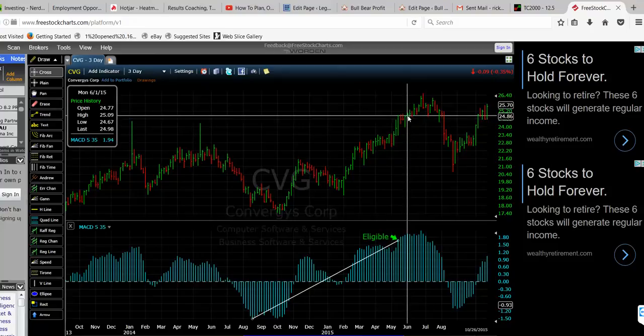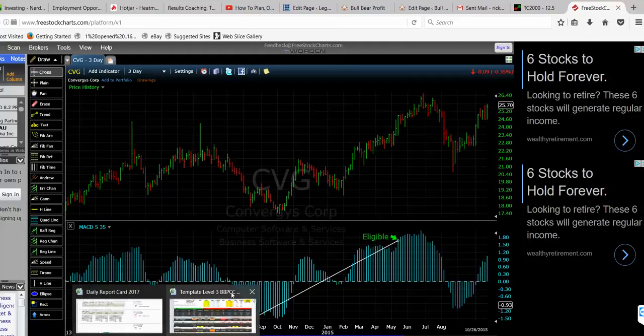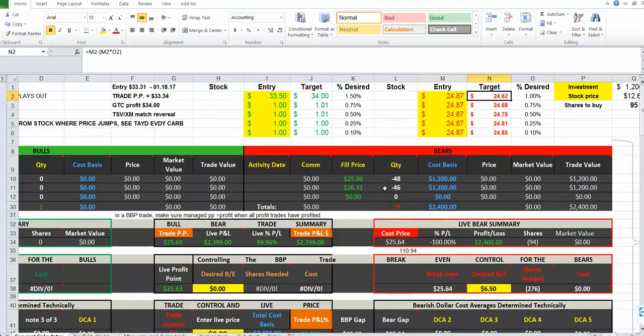Let's make this our entry, 24.87. Okay, so you would enter in 24.87. And if we were just to round this off, we would have bought 48 shares, is what it comes down to, 48 shares.